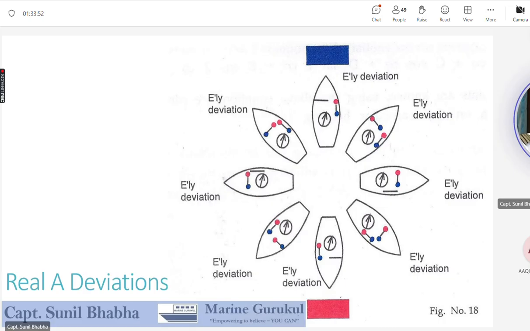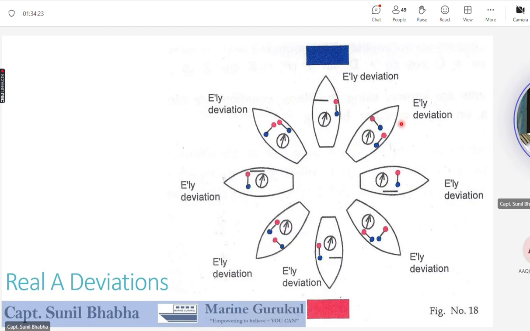Now we have understood the induction or induced magnetism of the horizontal soft iron structures by the Earth's magnetism. Let's now try to see that at different headings, what is the deviation which is generated because of this induced magnetism. So as you can see in the diagram, at every heading, they indicate to us that it is an easterly deviation.